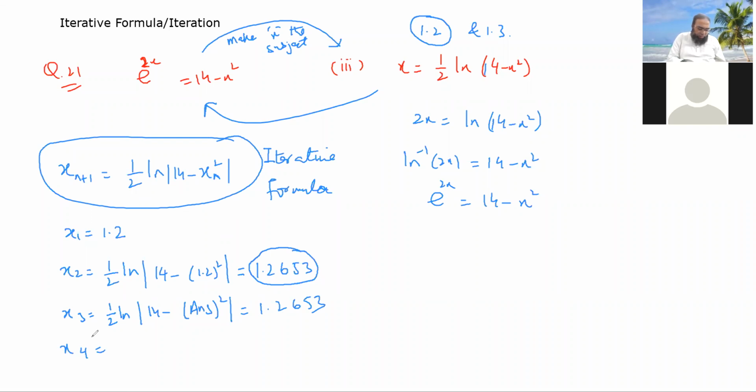Oh, I didn't change that, so it's giving the same answer. So there is 1.2588. Now I only have to press the equal button, and I got 1.2595. Then I press the equal button again, and I get 1.2594.